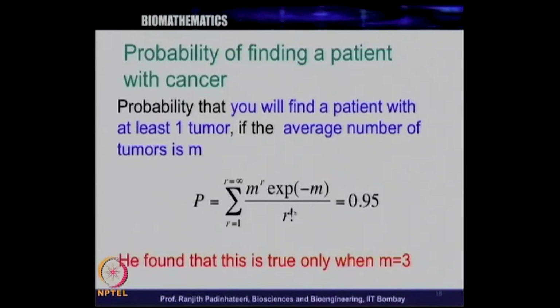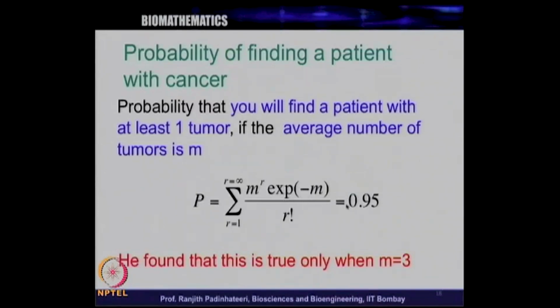That means if we had 100 patients, 5 patients didn't have any tumor, and 95% had at least one. So what should be the value of m for which this sum is 0.95?